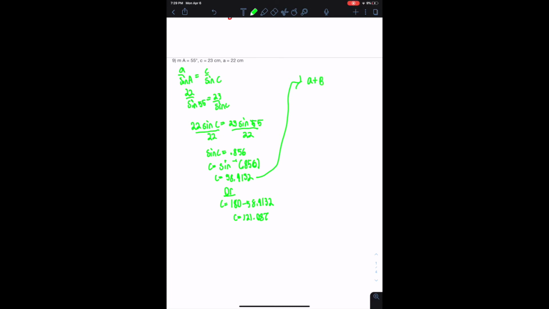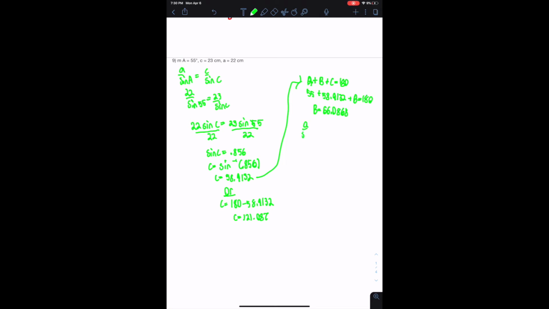So now for the first C value, we want to get the B value for it, so we want to do A plus B plus C equals 180. We want to substitute the values, so 55 plus 58.9132 plus B equals 180. So now that shows that B is equal to 66.0868.